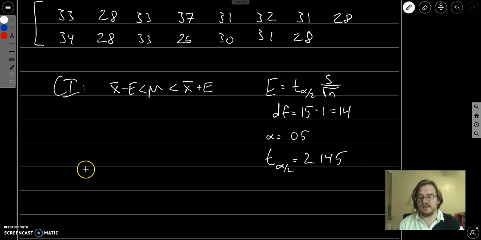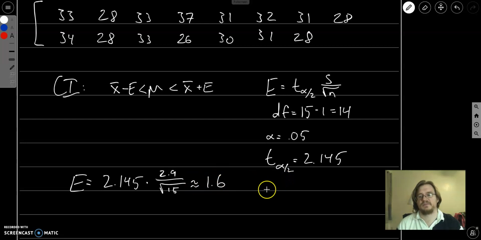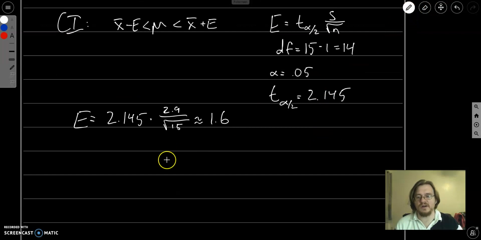So now we can calculate E. Our margin of error is going to be 2.145 times our sample standard deviation, which was 2.9, divided by the square root of the sample size, which is approximately 1.6. Now we can plug this in, and our population mean should be between 30.9 minus 1.6 and 30.9 plus 1.6.